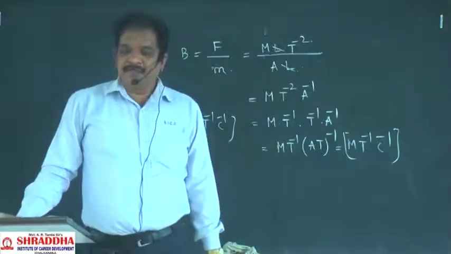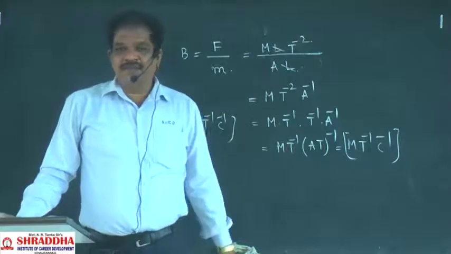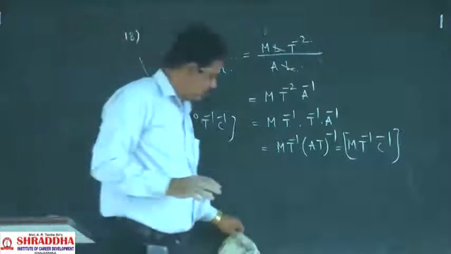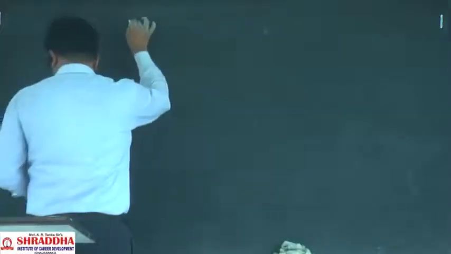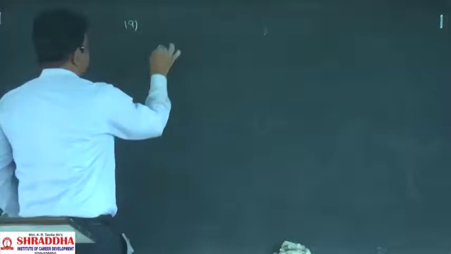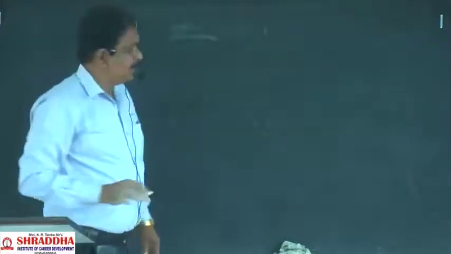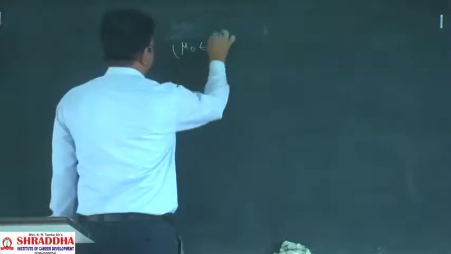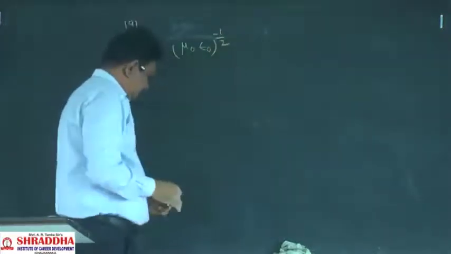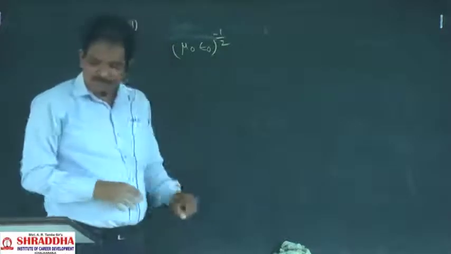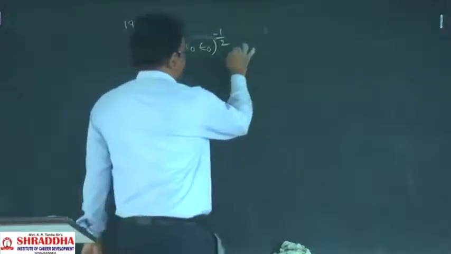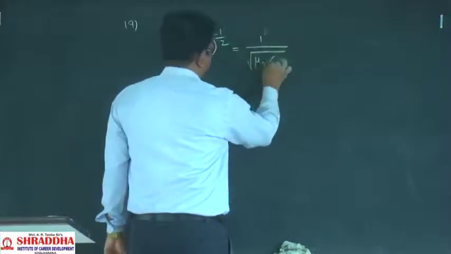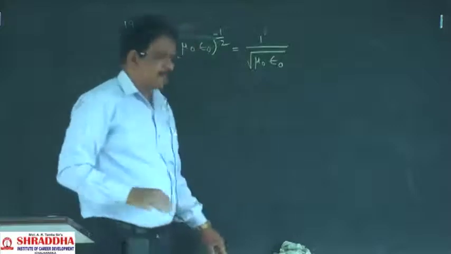Next, 19. Dimensions of mu naught epsilon naught power minus 1 by 2. Mu naught epsilon naught power minus 1 by 2 means this value will be equal to 1 by square root of mu naught epsilon naught.